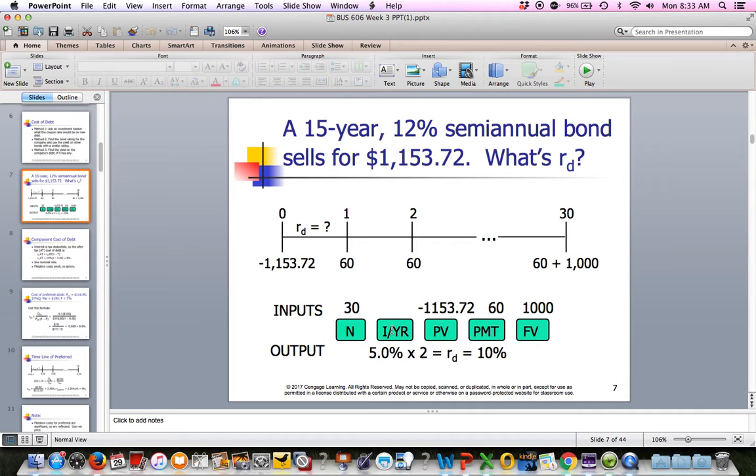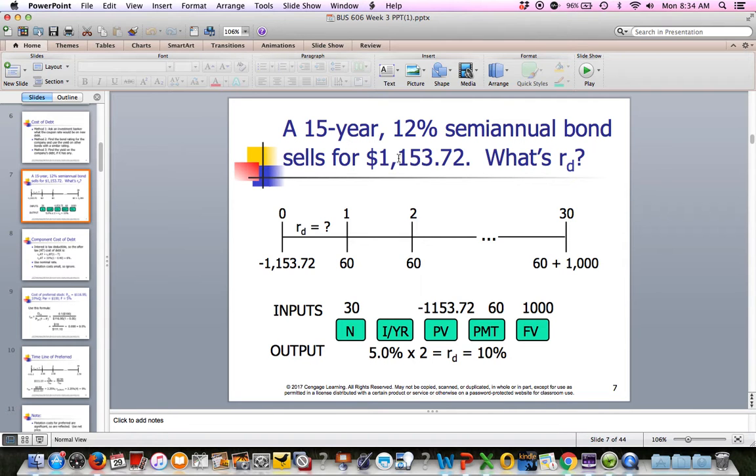We'll come back to that one. My present value is the amount it's worth today, which is the sales price, the $1,153.72. The payment is $60, and the reason it's $60 is this is a $1,000 par value bond, which they don't really tell us. You have to kind of look at this 1,000 down here to figure that out, and the future value of 1,000.